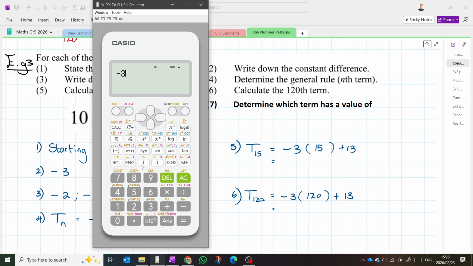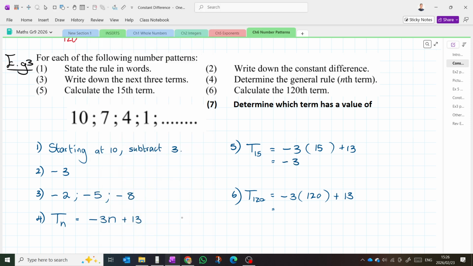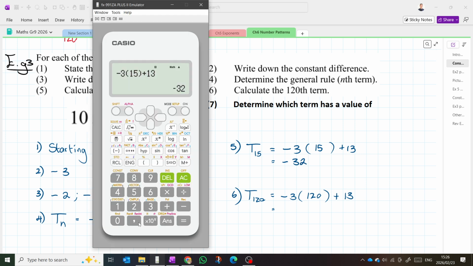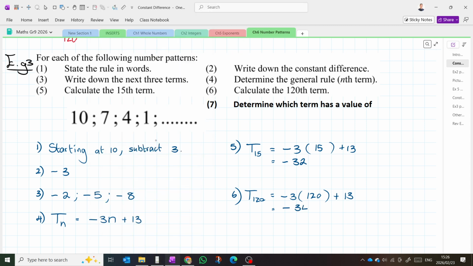Let's see. That's going to give me negative 32. And that's what we expect to see. This number pattern should get bigger and bigger into the negatives. Term 120 is negative 347. Negative 347. Okay, and then we have question 7.